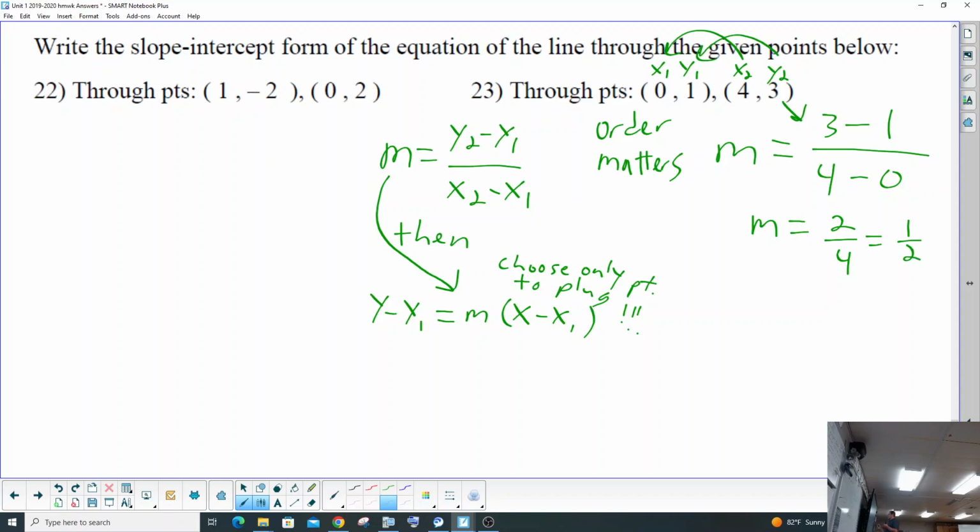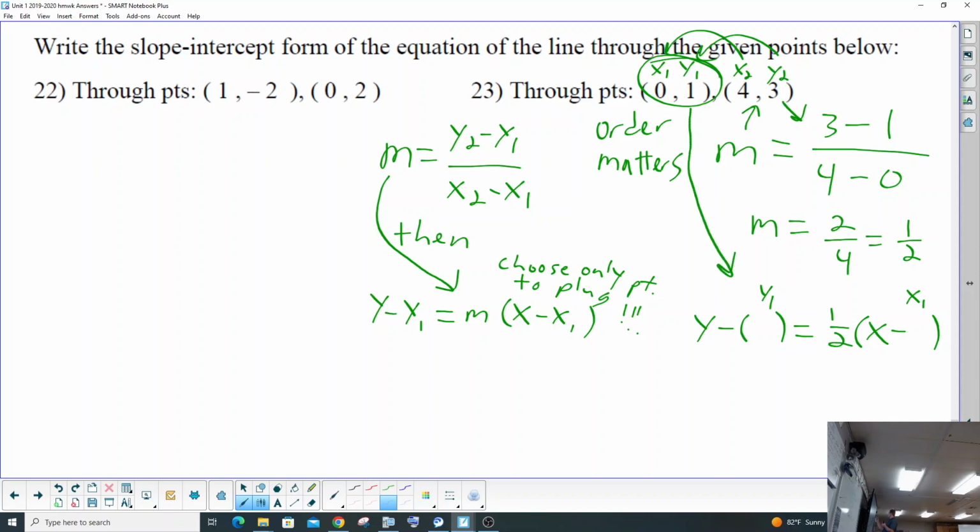Yay! So now you're going to use the next formula, y minus y1 equals the slope we just found, times x minus x1. So y1 and x1 go there, but you have to choose. I guess it's already labeled and it looks pretty easy, so I'll just choose that first one. We could have chosen that one, but we're going to go ahead and go with this one since it's already labeled.